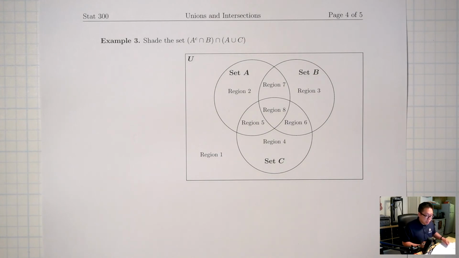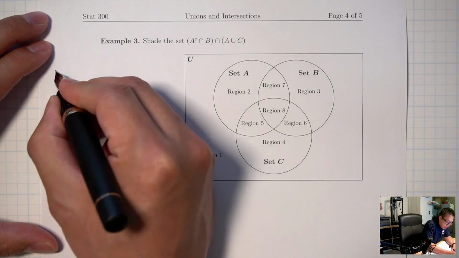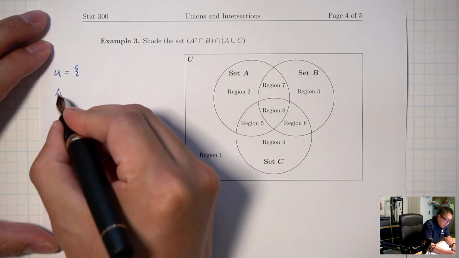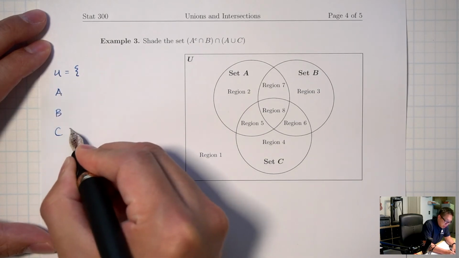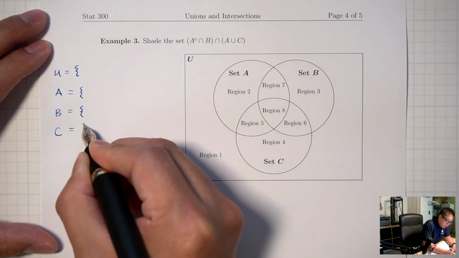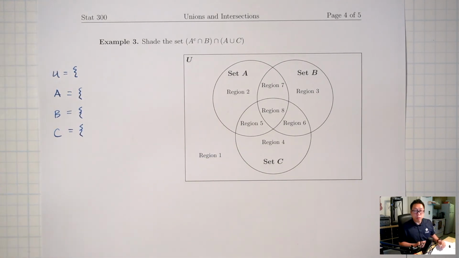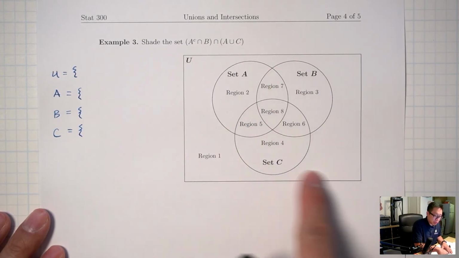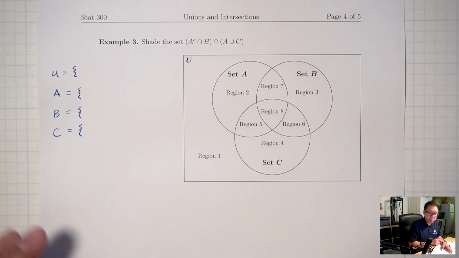My recommendation is to, before you do anything, go through and write out regular U, regular A, regular B, regular C. So regular U is the entire rectangle. What regions are inside of this rectangle?